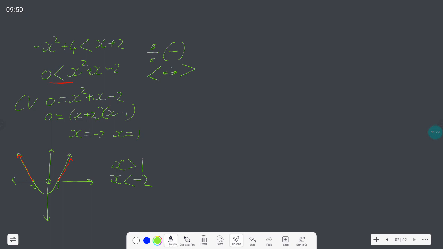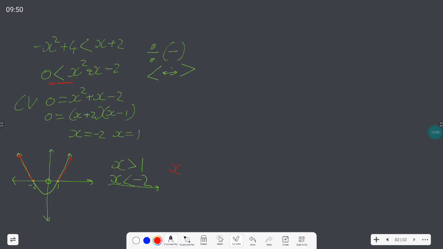Okay, so as Professor mentioned, you can write it differently. So you can either write it in inequality notation, which is what I do here, or we can write it in interval notation. So if I have to write this as interval notation, I say the following.